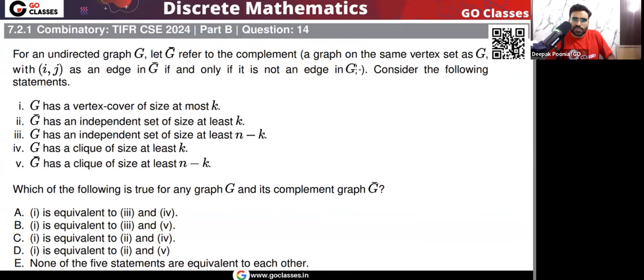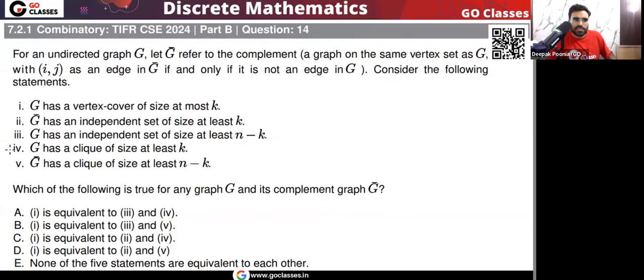The complement has the same vertex set, and G complement has those edges which are not in G. There is an edge in G complement if and only if this edge is not present in G.